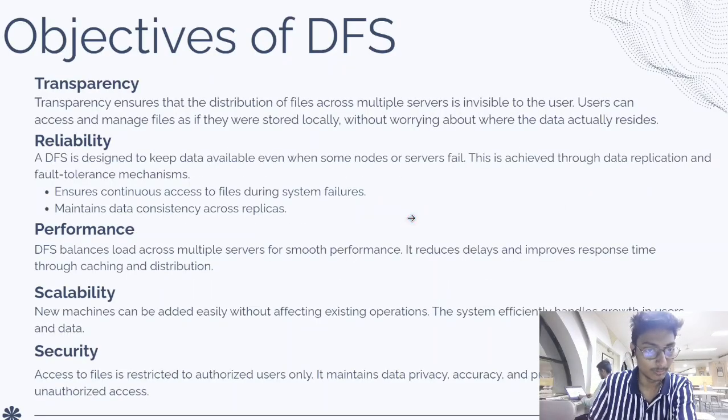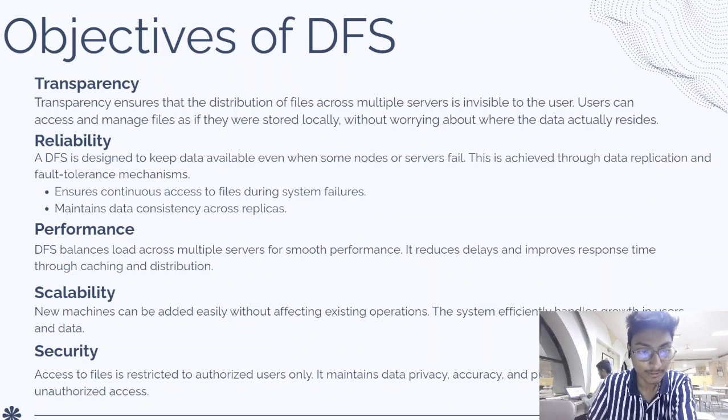Okay, so now let's discuss the objectives of DFS. The first objective is transparency. Like I just said with the Google Drive example, transparency means the file system hides the fact that files are distributed. It's invisible to us. The slide says it perfectly: users can access and manage files as if they are stored locally.